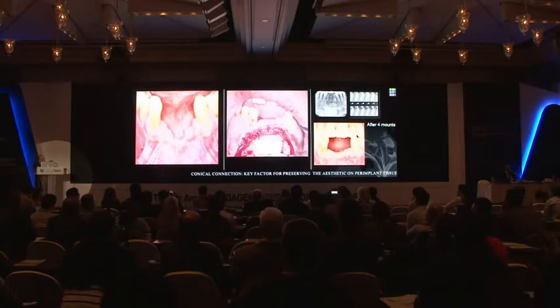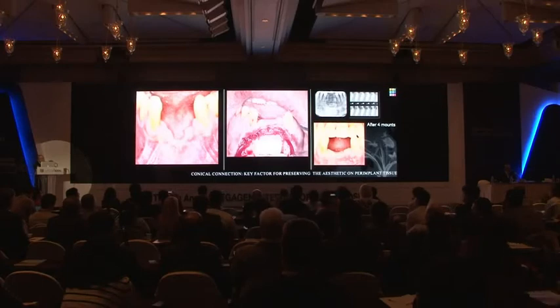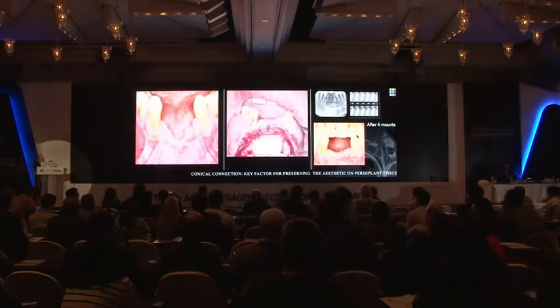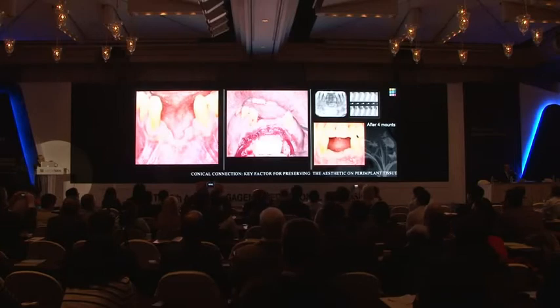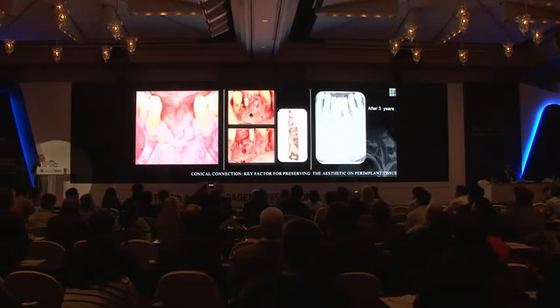In this way, we obtained, after 4 months, a big amount of bone that allowed us to place 2 A-zeta implants that still have an optimal stability 3 years after loading.